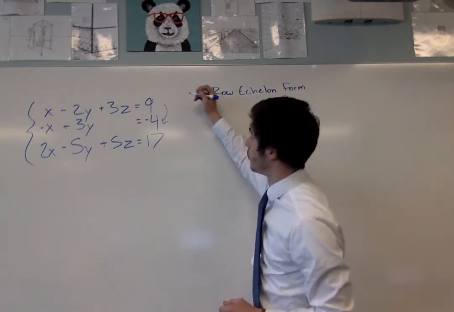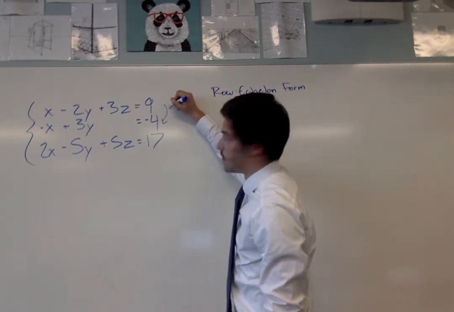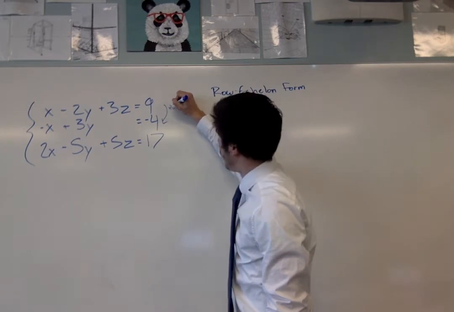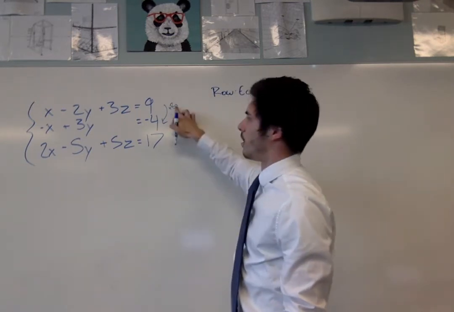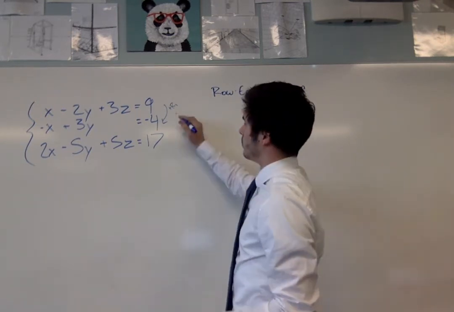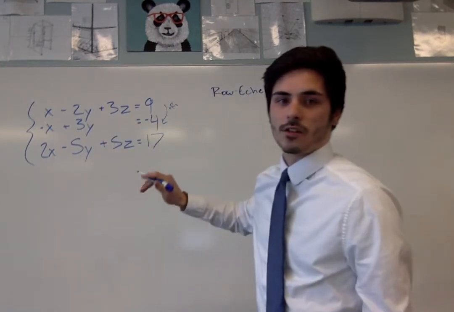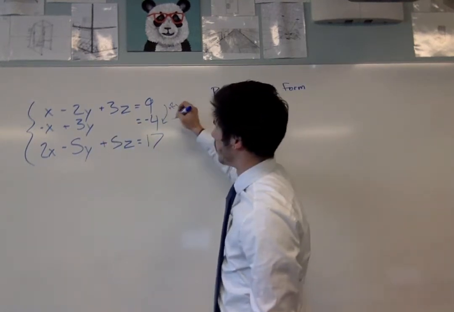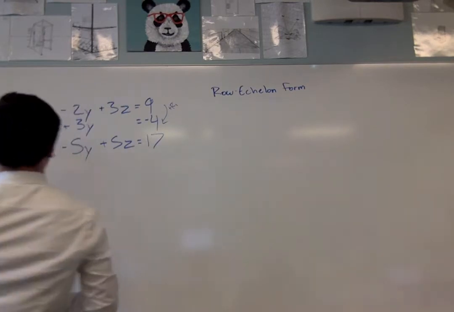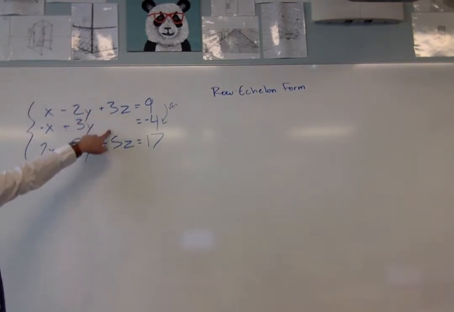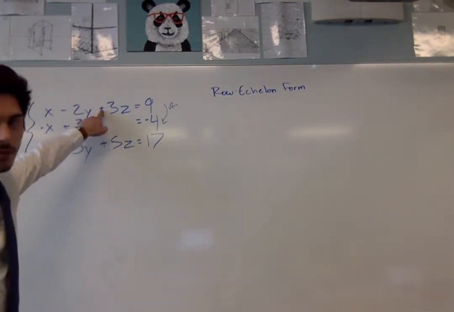So I'm going to draw an arrow there and do plus R1, R for row. So this plus this is going to give us our new middle row. We're adding this row to this row, and this row is going to stay the same, okay?